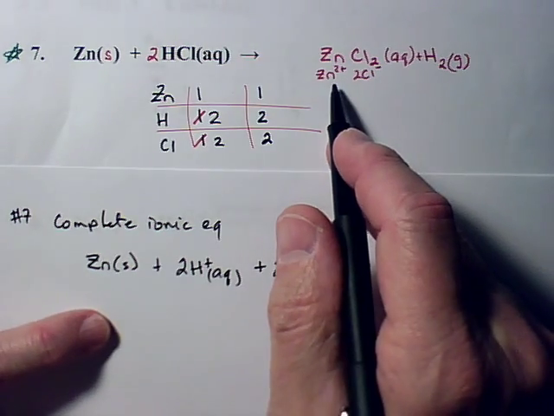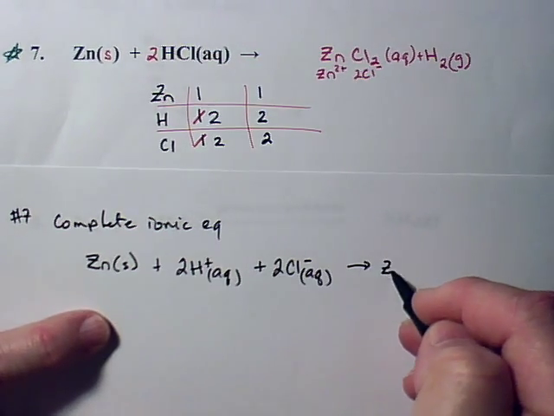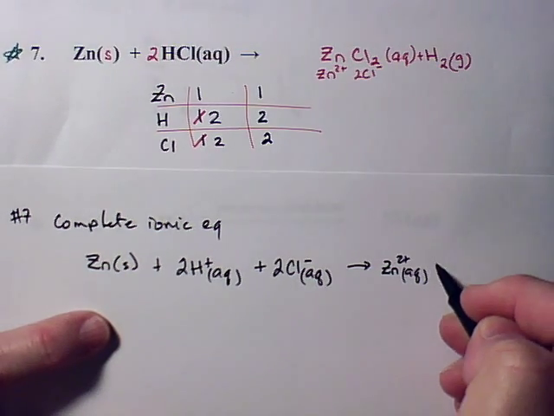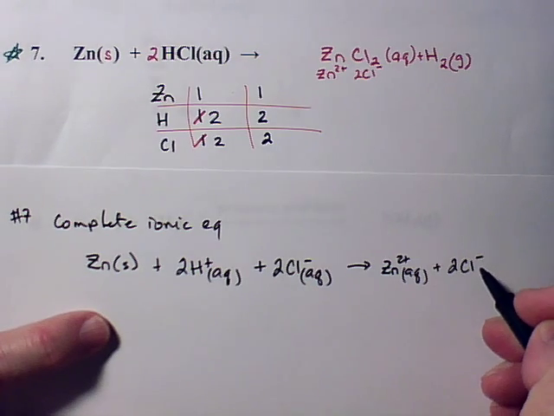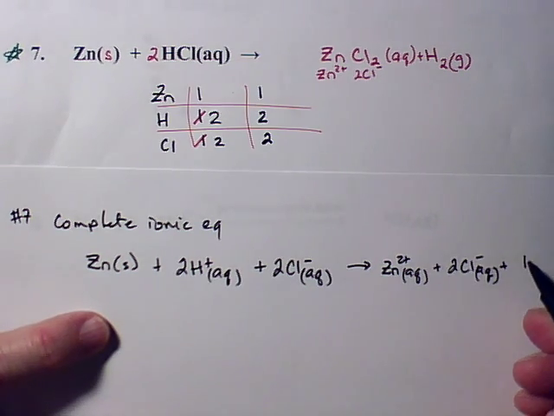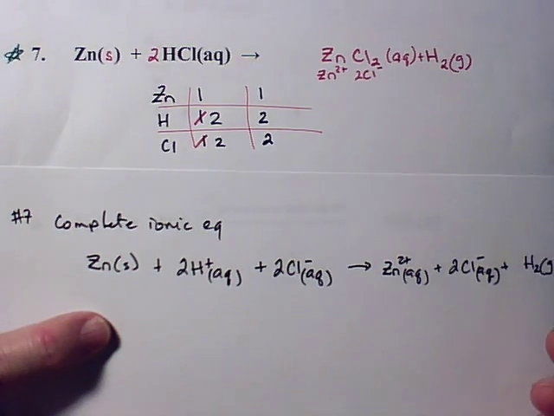All right, so then over here on this side, we've got one zinc that has a 2+ charge, and we've got 2 chlorines, and each of those has a negative charge. And then we've got this H2 gas over here.